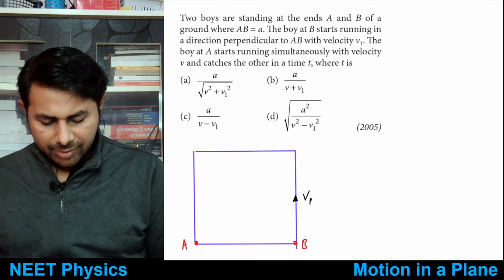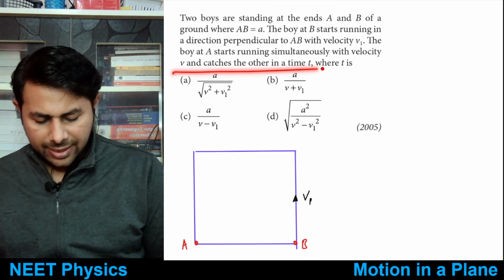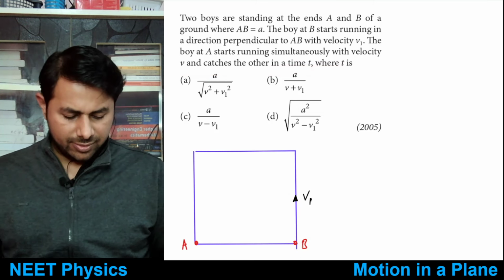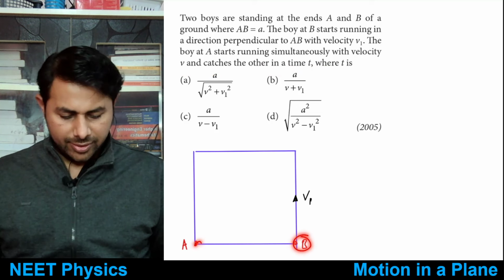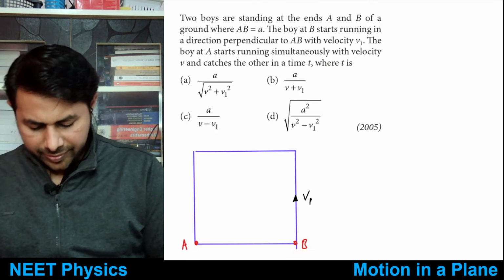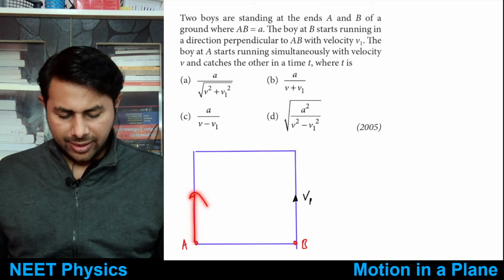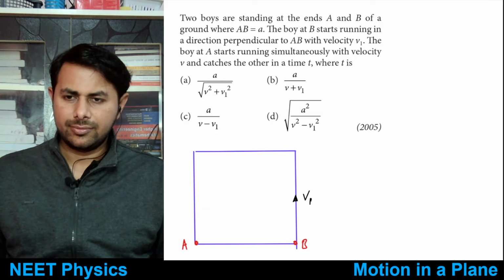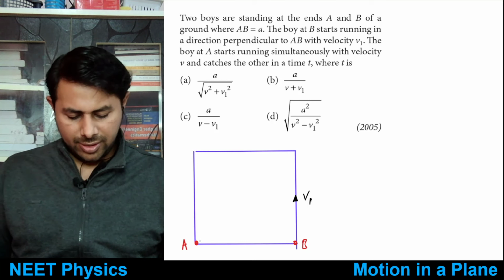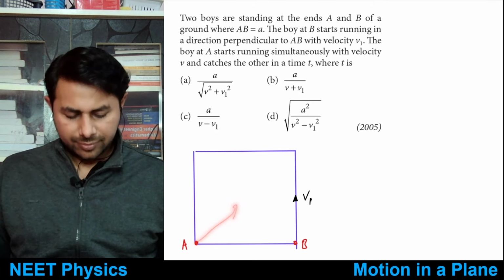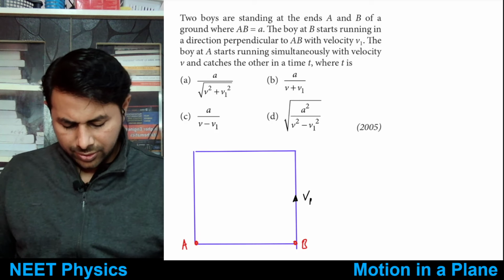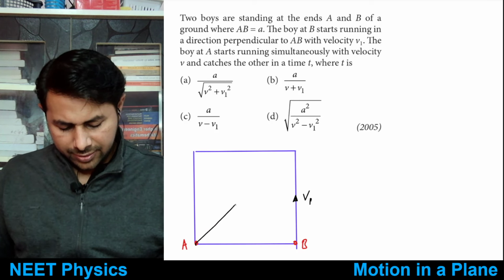Simultaneously he starts running and catches the other in time t. So he cannot run straight, he has to run something like this.